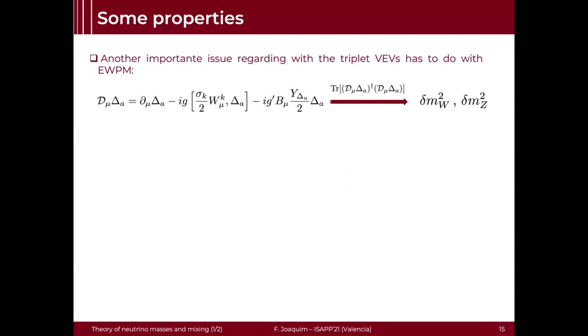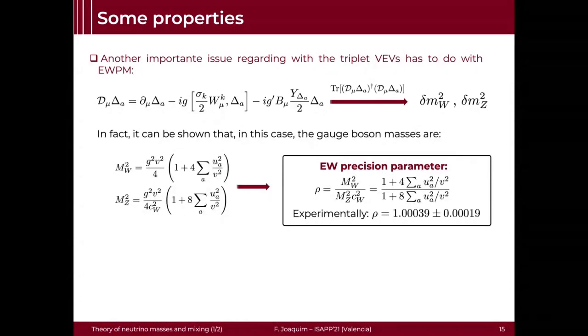So another important issue regarding these triplets is that since they now transform non-trivially under the standard model SU(2) group, if these deltas acquire a VEV, they will for sure contribute to the mass of the standard model W and Z bosons. And this is a problem because we know that these things are very well measured. And in fact, we know that if we add these triplets, we will have contributions to the rho parameter, which in this case are given by this.